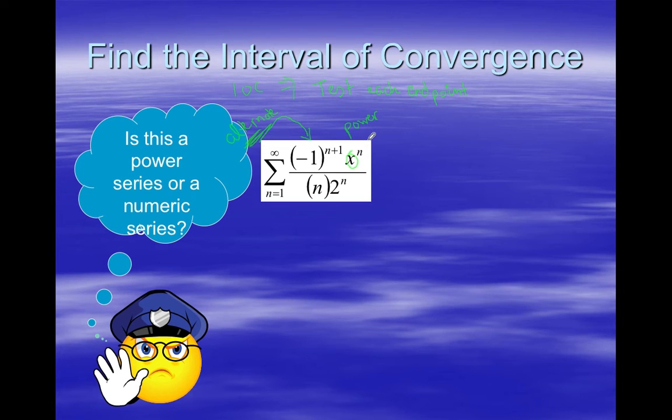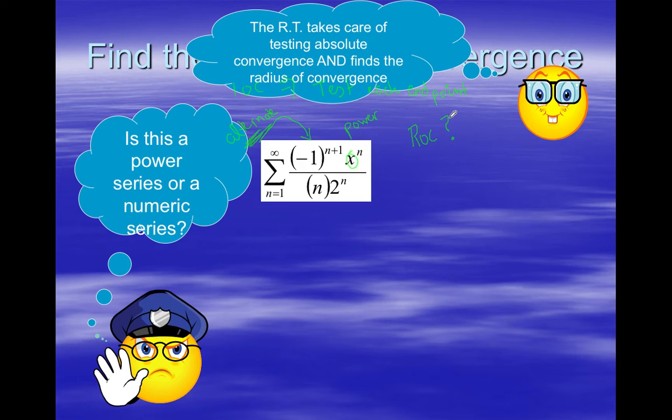So I would run the ratio test on this to find the radius of convergence. So think about the ratio test. It has absolute value in it. So every x inside the interval creates an absolutely convergent series, right?